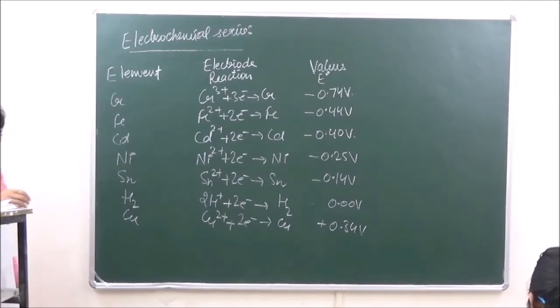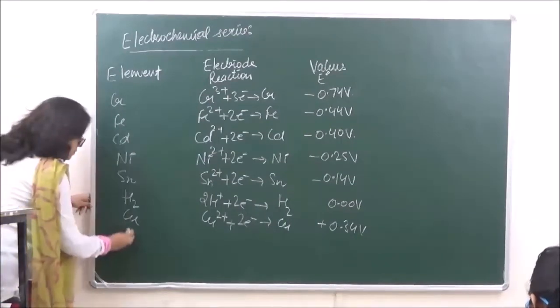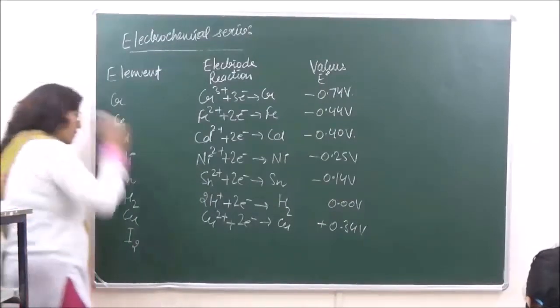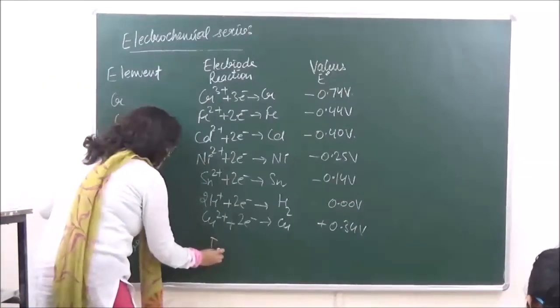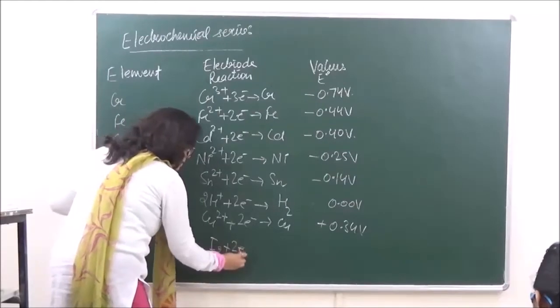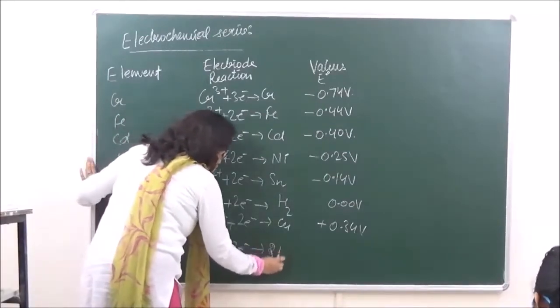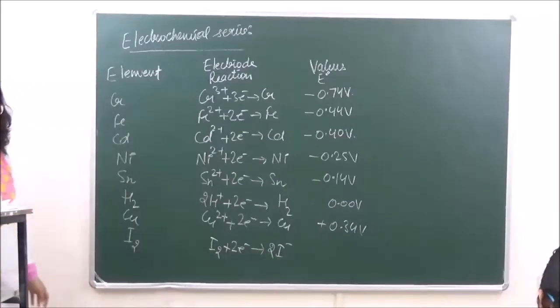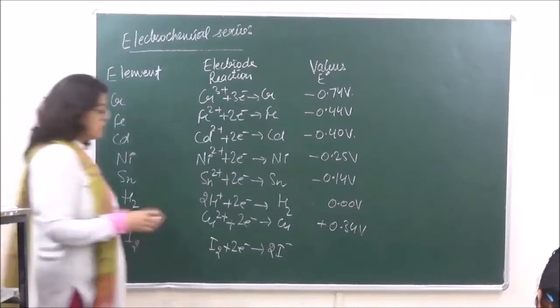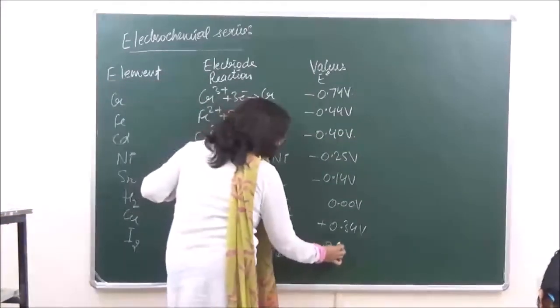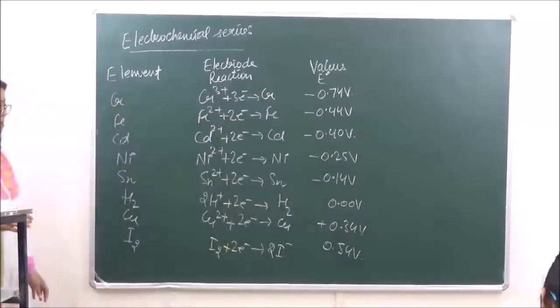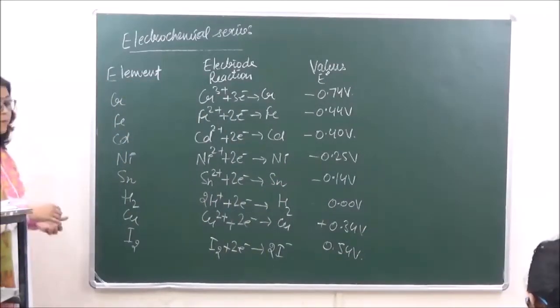After copper is iodine, plus 2 electrons to give 2I-, and the value is 0.54 volts. So this is also a positive value.